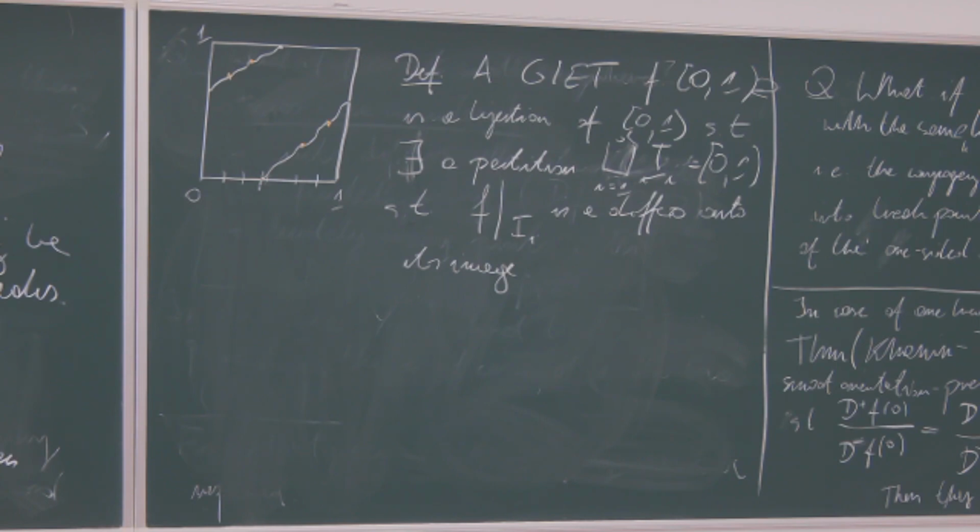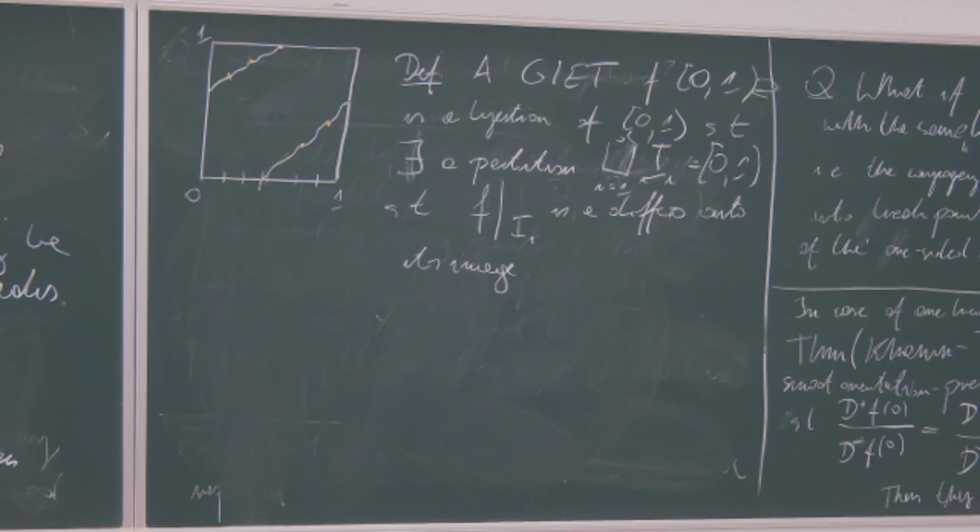But to do that, I have to pass to something. GIETs are, in some sense, generalizations of piecewise diffeomorphisms with breakpoints, for me at least. Then I have to pass to the natural generalization of a rotation, which is an interval exchange transformation, because all the notation comes from there.